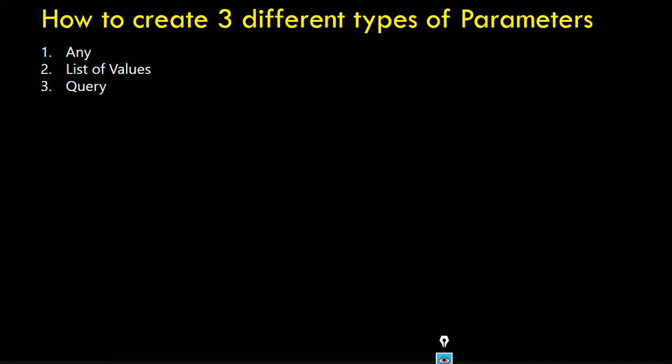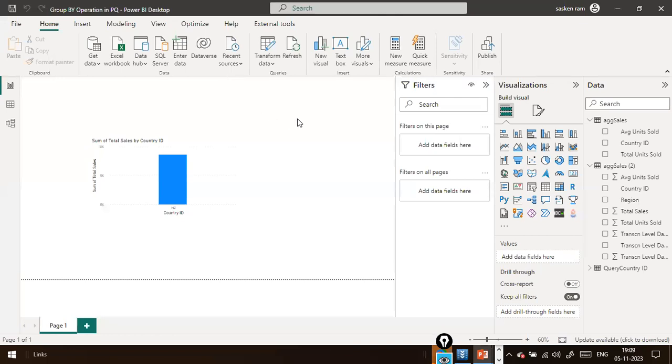Instead of viewing all the country data, you are allowing the user to view only the specific country. With the query parameter, instead of typing the country name, you are displaying the country name there and allowing the user to choose. That is the difference between query parameter, any parameter, and the list of values also we discussed, and the steps also we discussed.